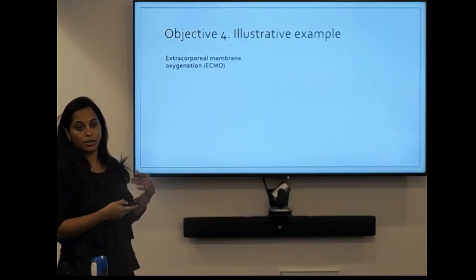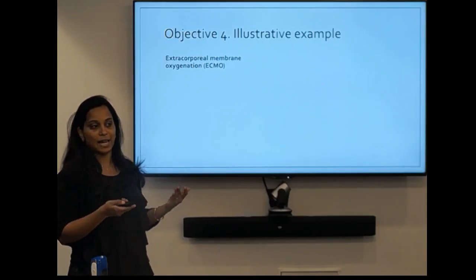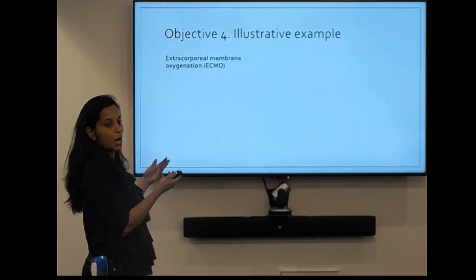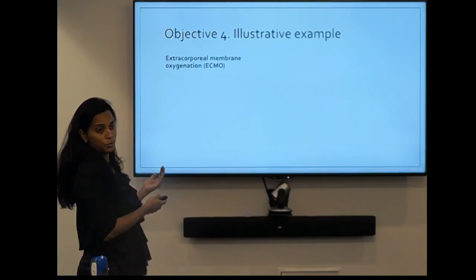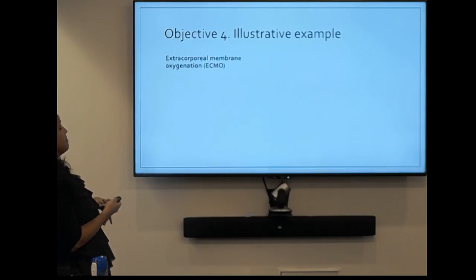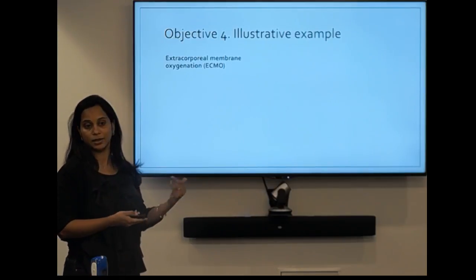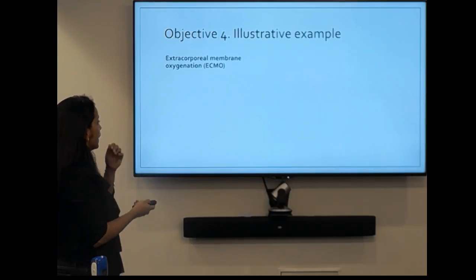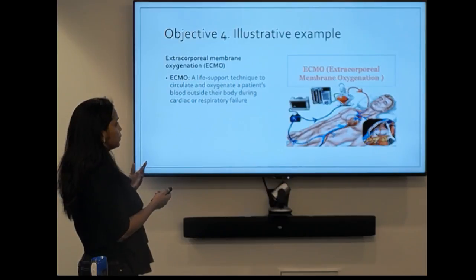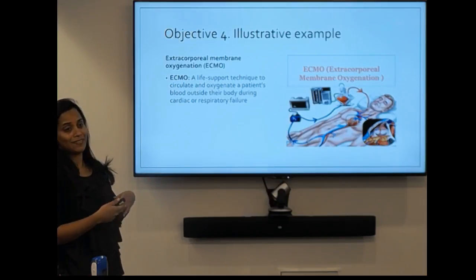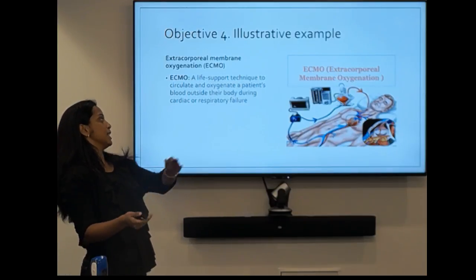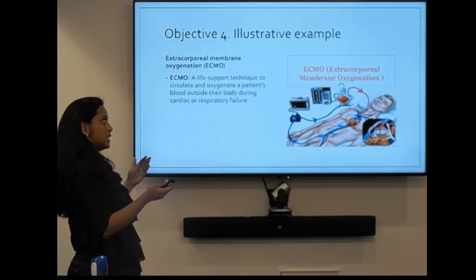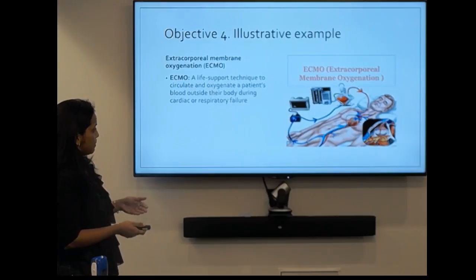So our last objective was to go through an example to see how this tool works. And we chose ECMO, or extracorporeal membrane oxygenation, which is a report we just completed. And so for those who don't know, ECMO is a very resource-intensive technique that circulates your blood outside the body, oxygenates it, and then retransfuses it back into your body.